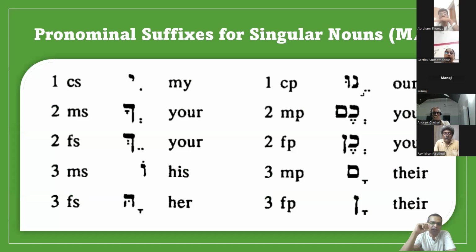Third feminine singular, kamats and final he, he with mappiq. And then first common plural, accented Sere plus nu. Second masculine plural, Shiva plus kem. Second feminine plural, Shiva plus ken. Third masculine plural, kamats plus final mem. And third feminine plural, kamats plus final nun.